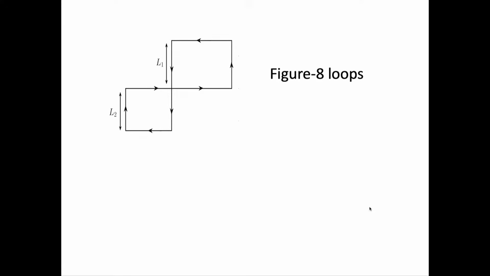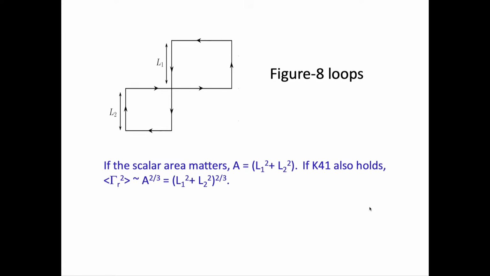combination of the two? It's not so easy to settle, but luckily you can make a small theory. If the scalar area matters, that is to say, you just add up the two areas, then I can easily show that K41 holds as it does, that the variance should go like area to the power 2/3. That's a very simple calculation.